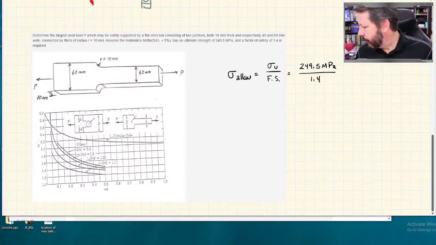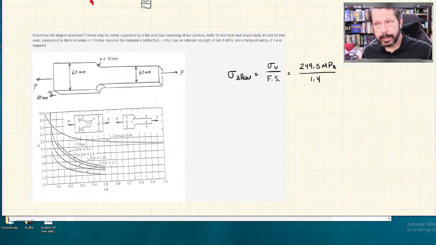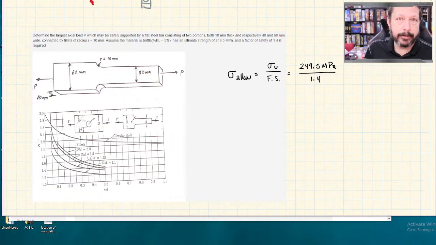So a lot of times we've been using the yield strength or the elastic strength. Since this one's brittle, it's more likely to fail just by fracture. So once it starts deforming, it pretty much breaks because it's brittle.